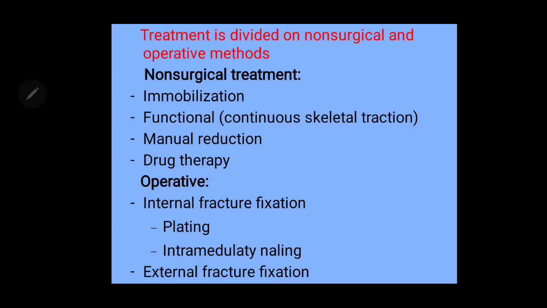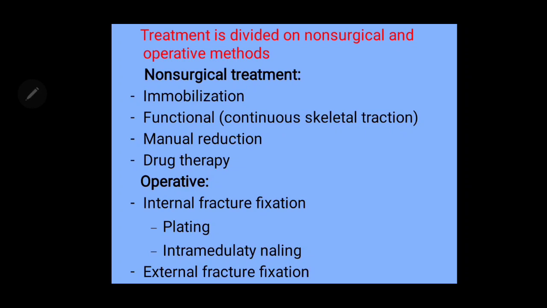So if we talk about surgical methods of treatment, this is divided into big groups. First is internal fracture fixation, when we insert some implants in the fracture site, and these implants are fixing the bone and are preventing its movement.